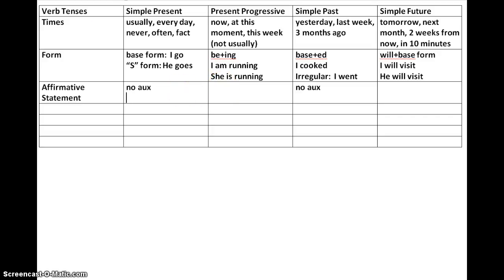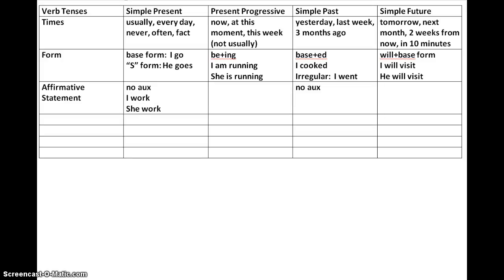That means that I say, as I said above, I go, he goes, I work, she works. There's no auxiliary. Present progressive is always be plus ing. I am running, she is running, as said above, or they are working, he is working.